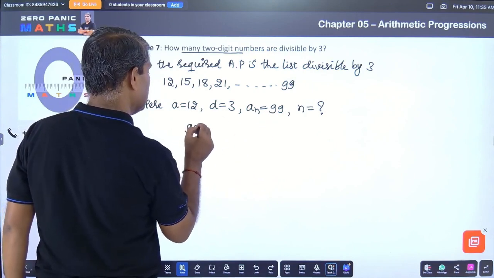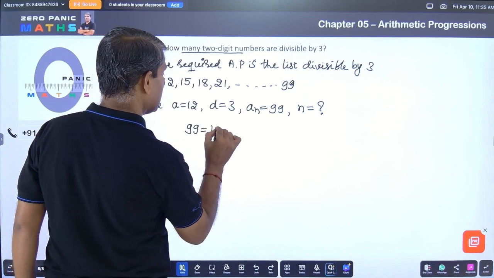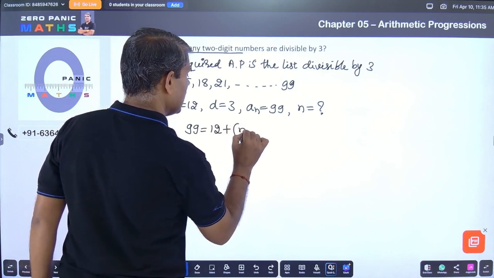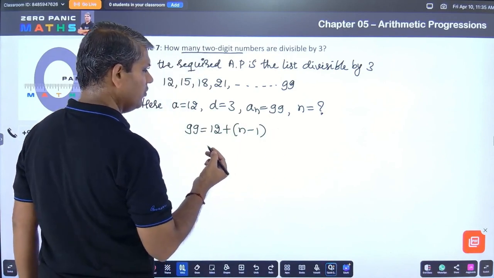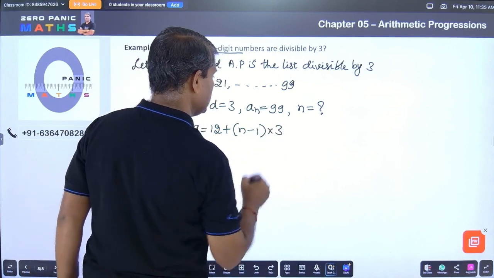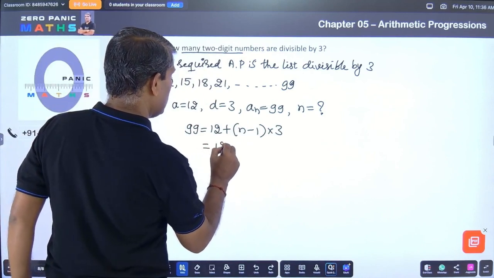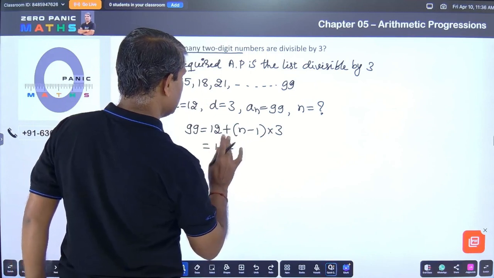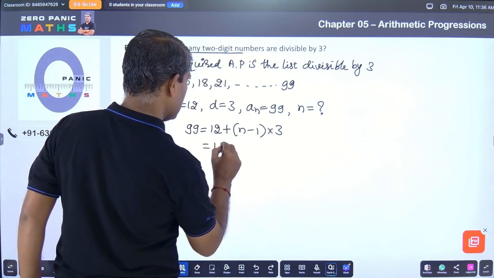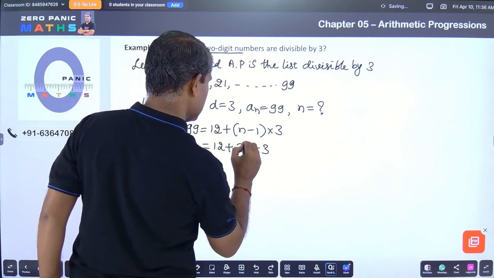an is 99, and an we can write as 12 plus n minus 1 times the common difference 3. 12 plus 3n minus 3, right?